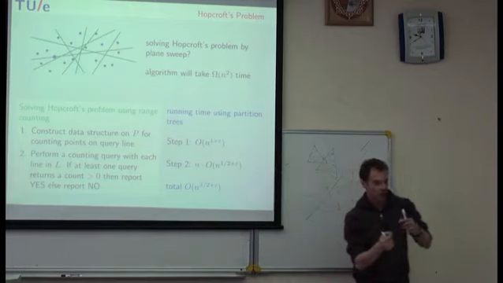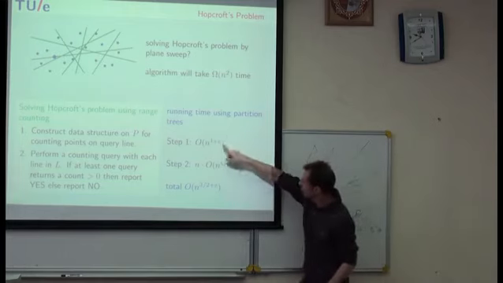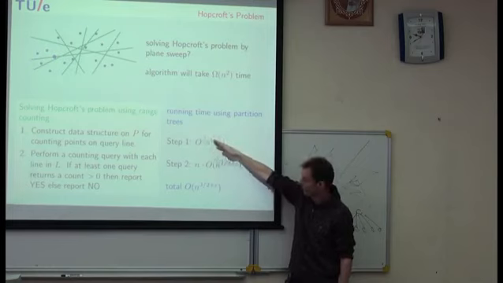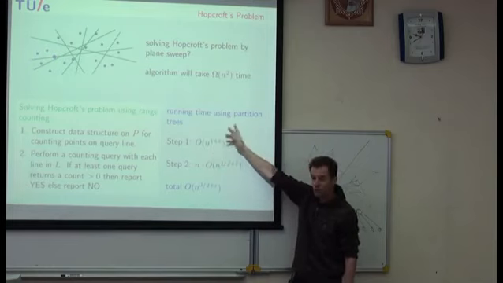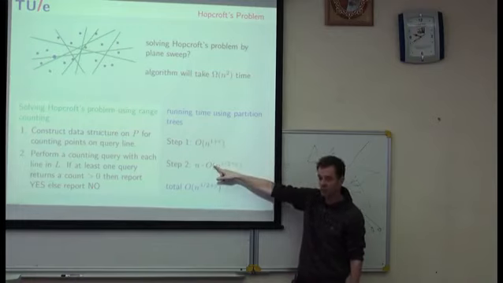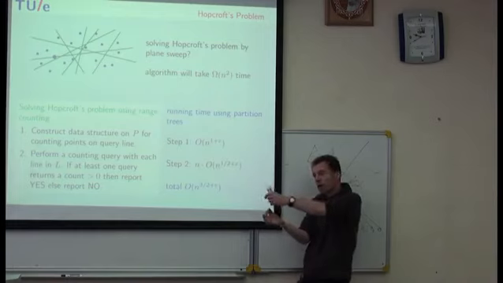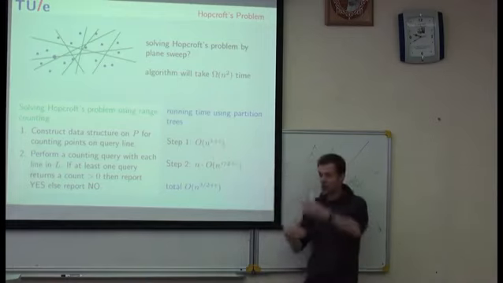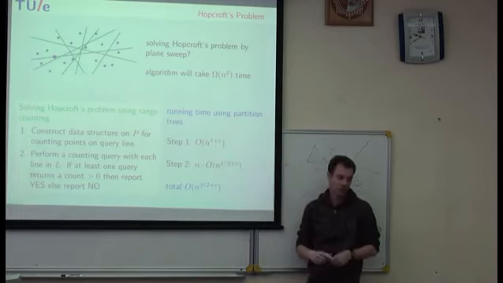But here for the partition tree, this is only roughly linear, so I'm allowed to spend a little bit more time than this to get this down. And in the end what I would like is that maybe this is exactly the same as this, that you really get something balanced.